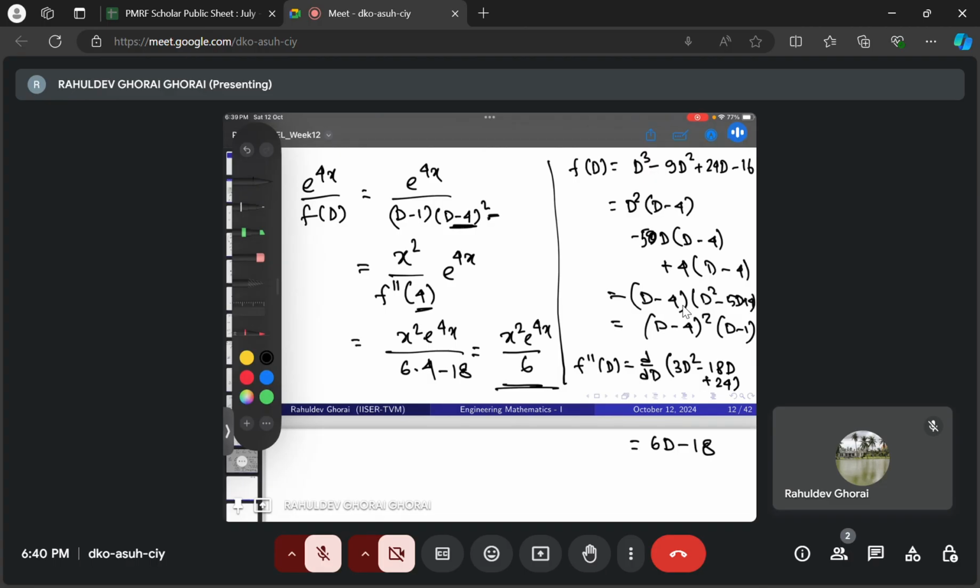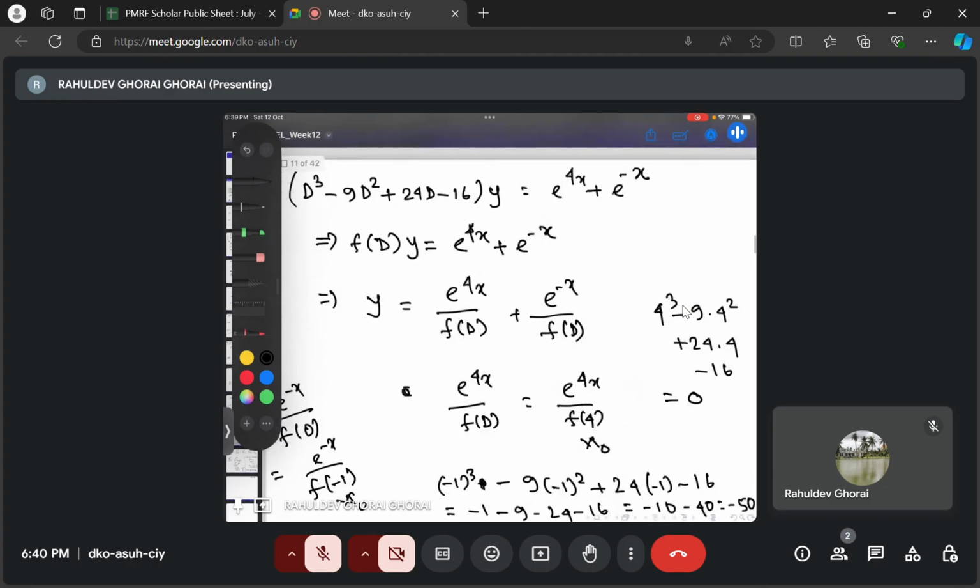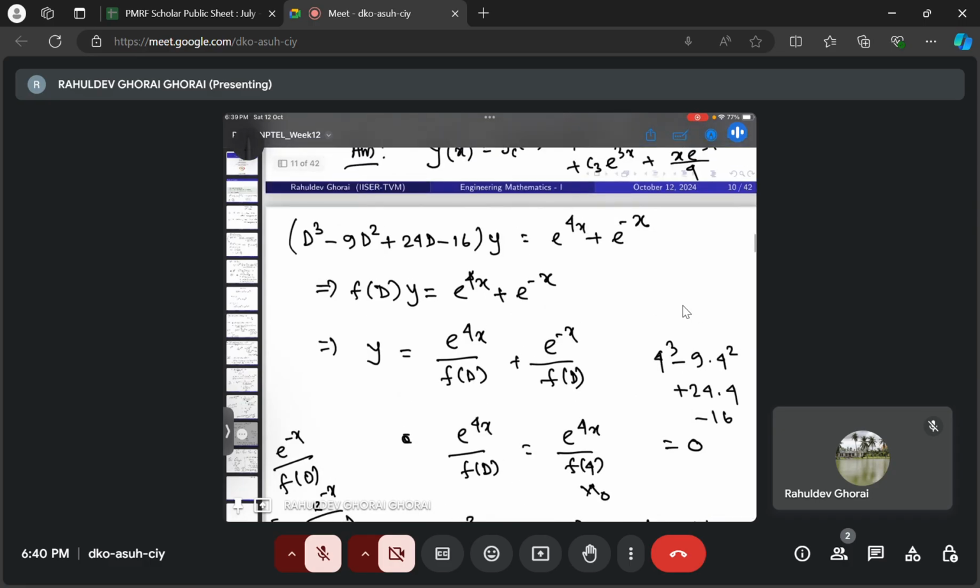If this question is asking to find the particular integral, as asked in your 12th assignment, question 4 — I don't know, it can be different for you, but one of the questions I can see in your assignment says to find the particular integral for this linear non-homogeneous equation.